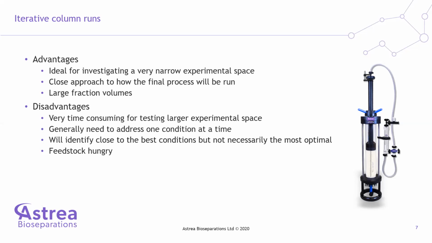The other disadvantage to this approach is if you are doing large numbers of column runs, it's very feedstock hungry. So if you're limited on feedstock, that could also be a potential problem.